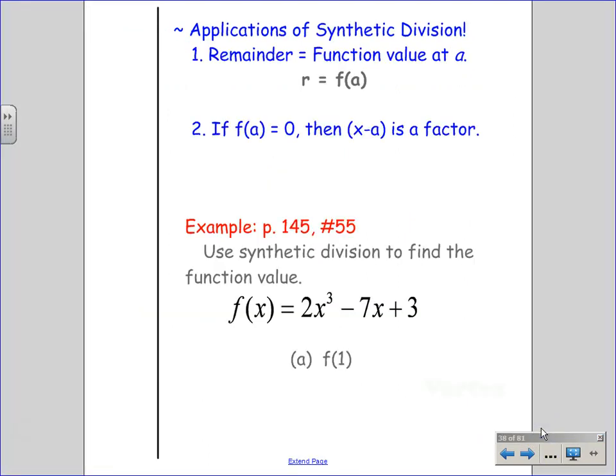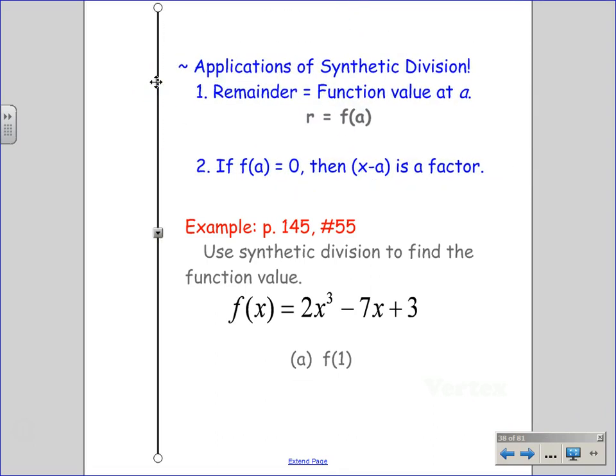What we didn't get to was the last application of division. So far, we've just said division is going to be helpful for factoring. What we didn't get to talk about, the last application, is that when you divide, the remainder, and if I were you, I would just make a point: the remainder, or r, is going to be the same thing as the function value at a.